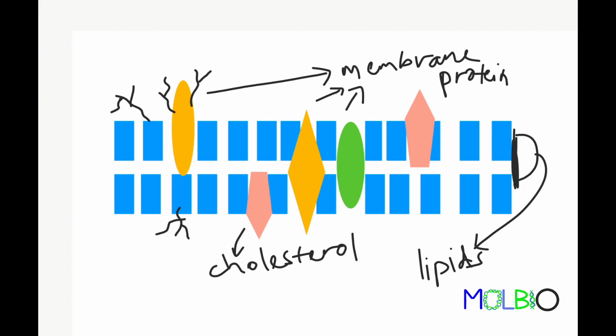Now here we can see an interesting thing, which is, if you look closer, there is a gap that is larger between the lipids here as compared to the lipids here. Now there is a reason for it.